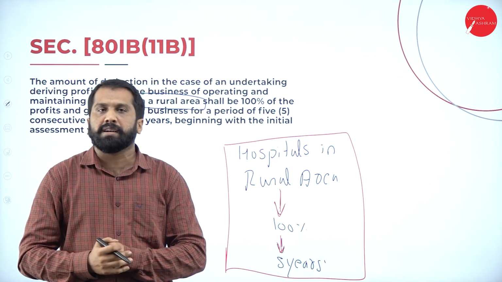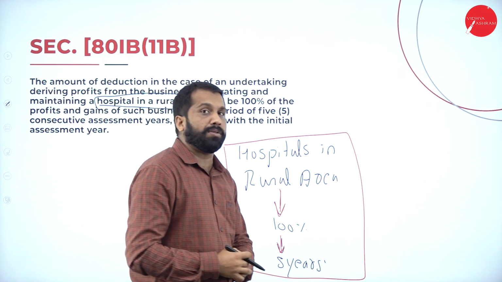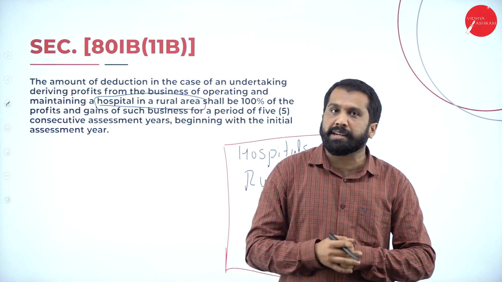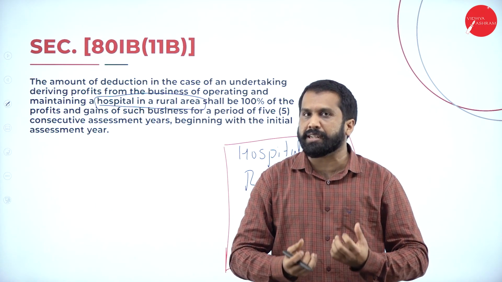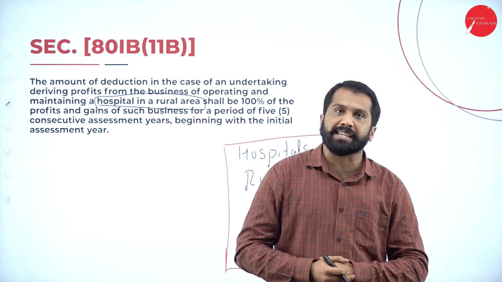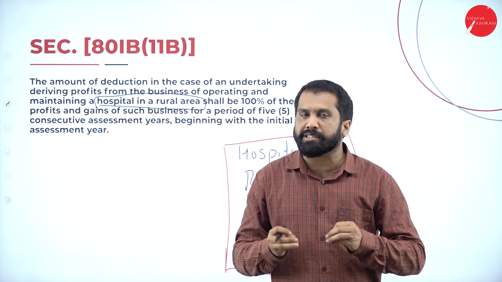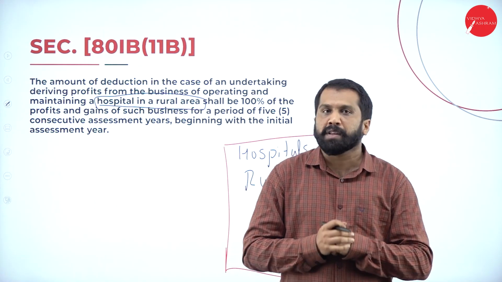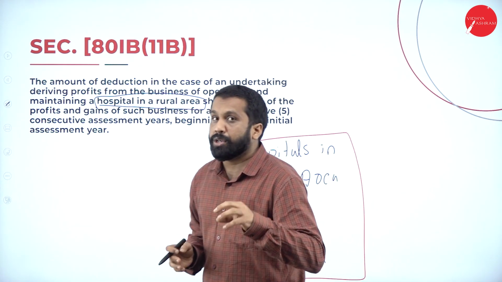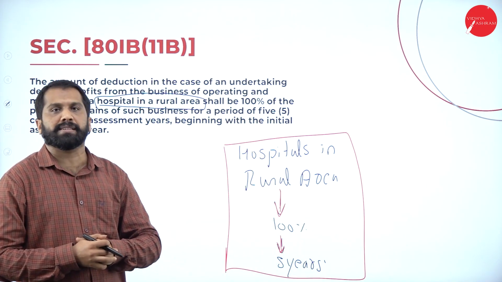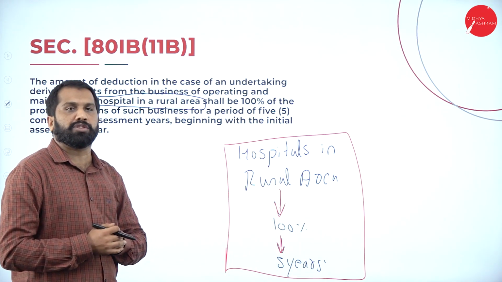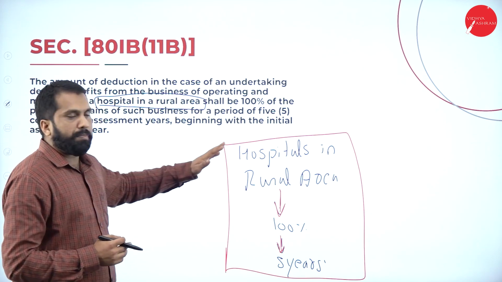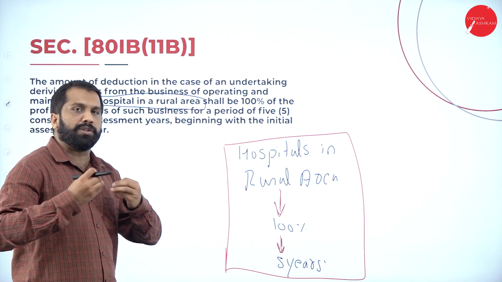Just assume that you want to start a hospital. You are a doctor, you want to start a hospital. What will you do? You will start in the city. Then whatever income you generate, you are supposed to pay tax. But the government wants hospitals in rural areas. Then the government will give you permission. You are not supposed to pay tax for 5 years, whatever you earn.